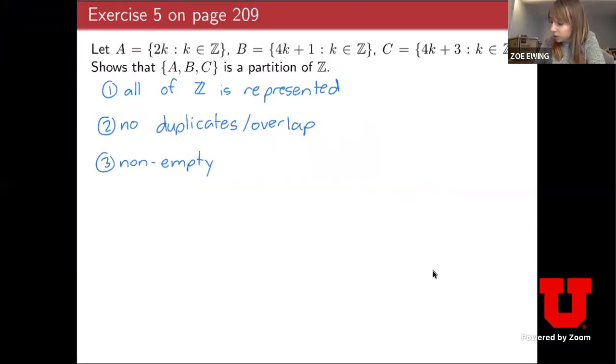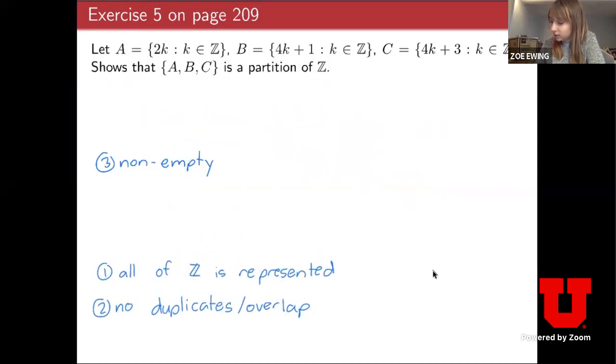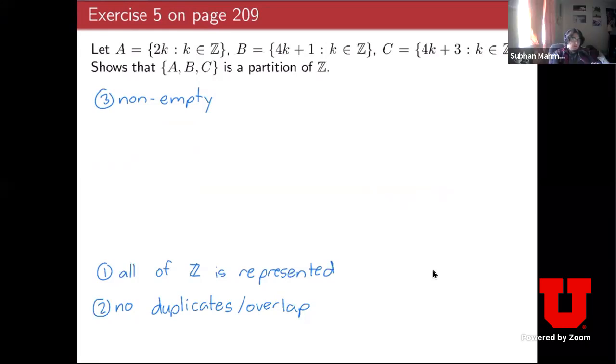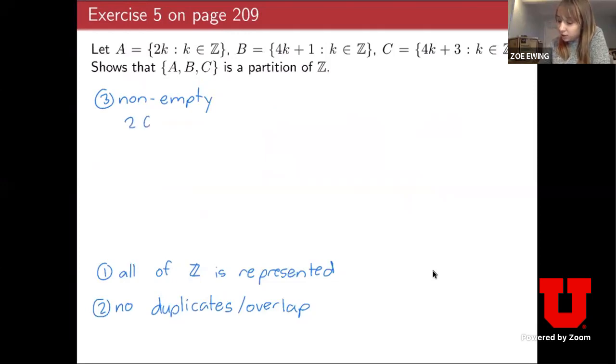So I'm going to move these first two down a little bit because non-empty is probably the easiest to prove. We basically just have to list one element. We just have to say this is an element in this set. So what's an element in A? All even ints. Yeah, so we can just say, let's just say 2. 2 is in the set of A, so it's non-empty.